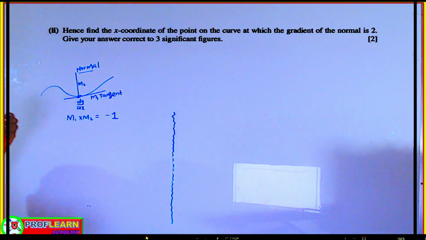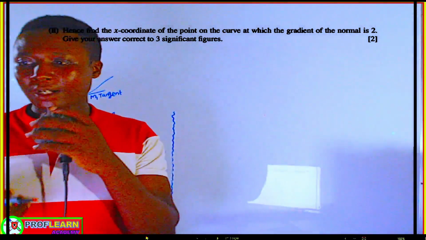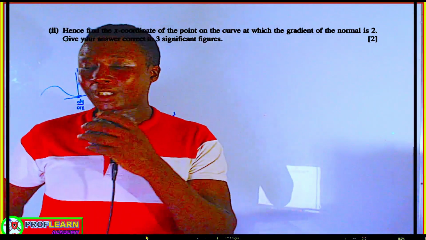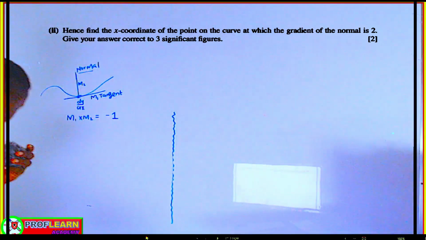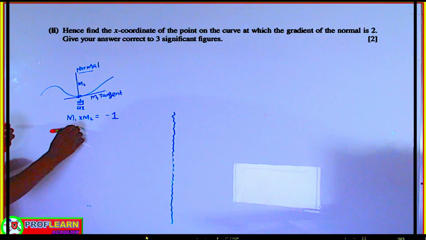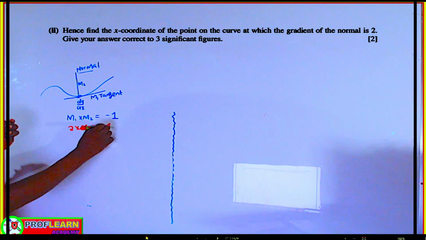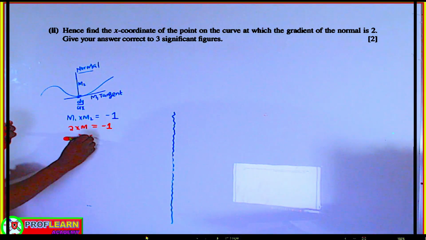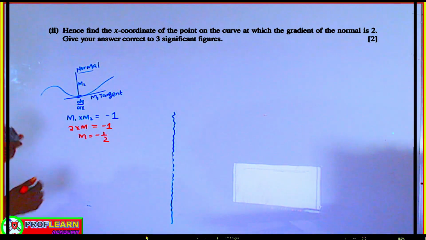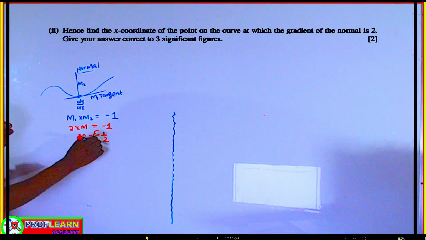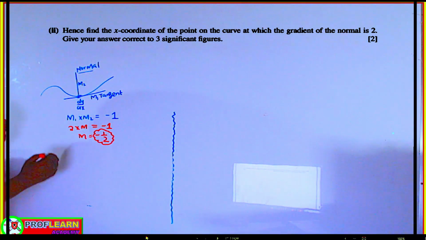So in this case, we are finding the x coordinate of the point at which the gradient of the normal is actually 2. So meaning we can say 2 times the gradient of the curve is going to be -1. So the gradient of the curve is going to be -1/2. So we can now equate this gradient to the gradient function of the curve.